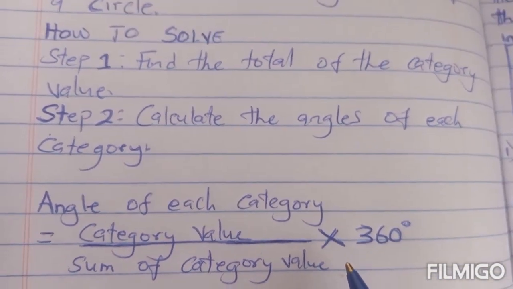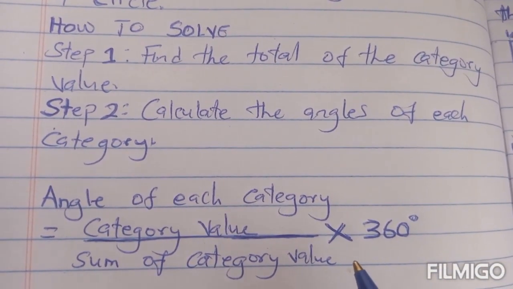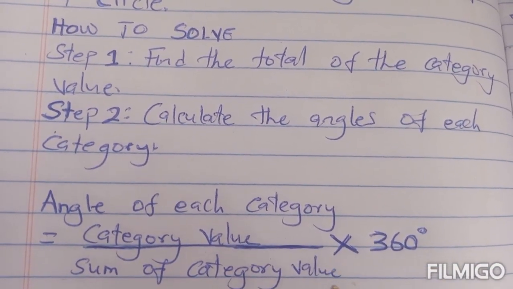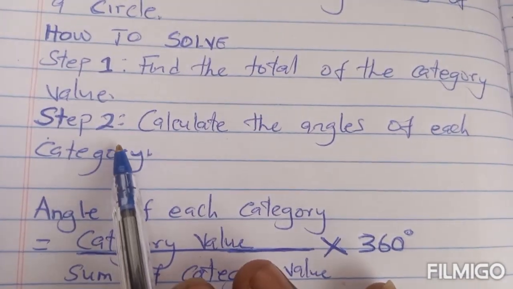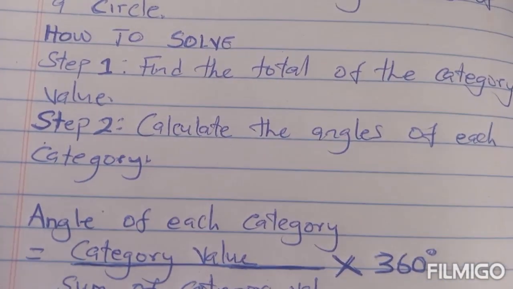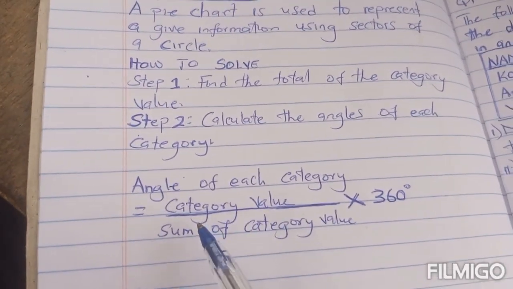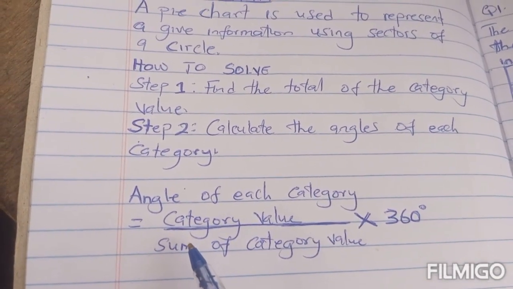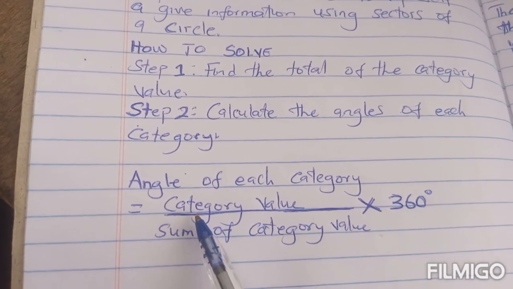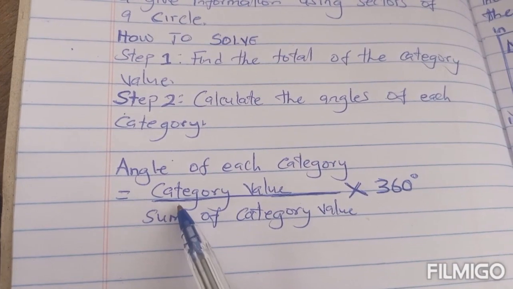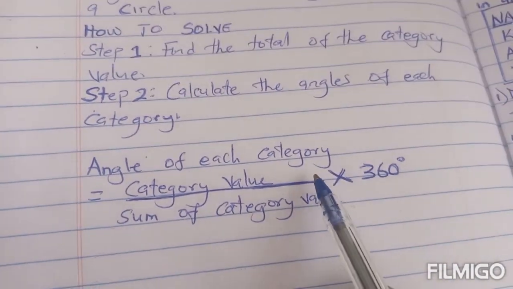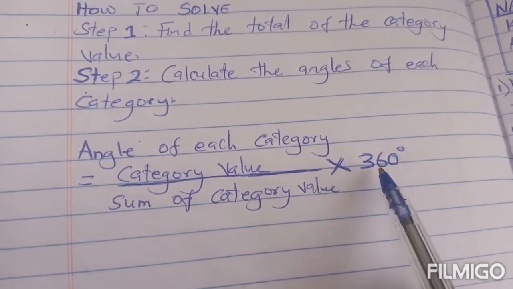So this is the easiest way I have here. This will help us to solve a pie chart, using step 1 and step 2. This is the formula for solving for each angle: the category value over the sum of the category values, multiplied by 360 degrees.